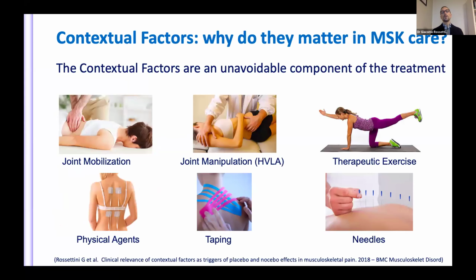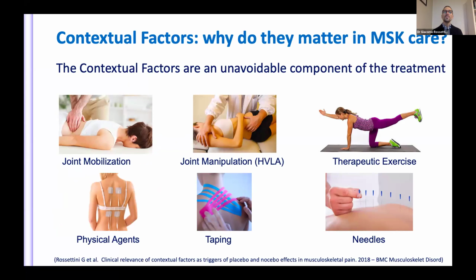The premise with which I want to begin this speech is that contextual factors are an unavoidable component of any treatment available to clinicians dealing with musculoskeletal care and manual therapy.